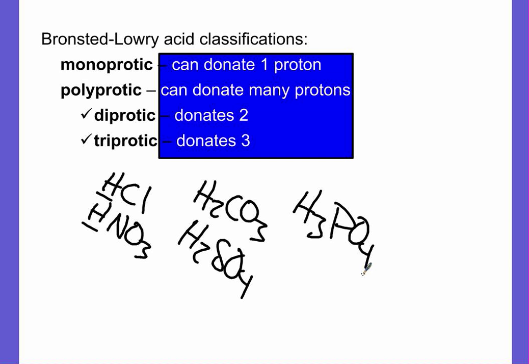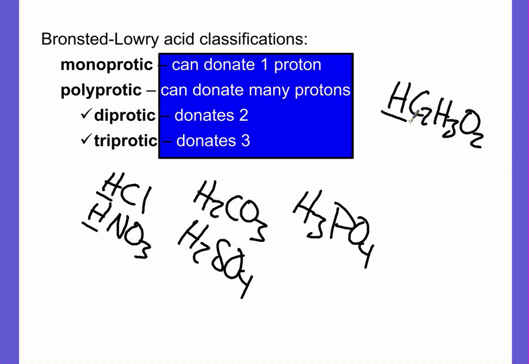So how about this thing? That's monoprotic. There are four hydrogen ions there. Can all of those, or four hydrogens, can all of those be donated? No, it's only the one out front that's actually an acidic proton. So you kind of have to look at things carefully sometimes.